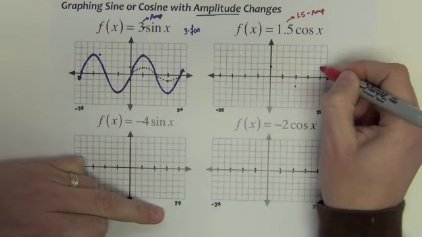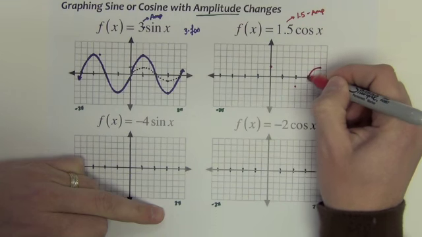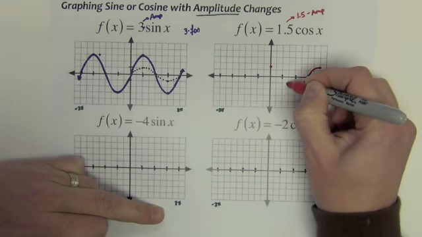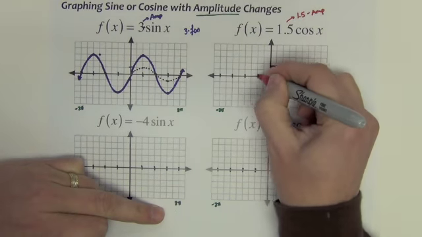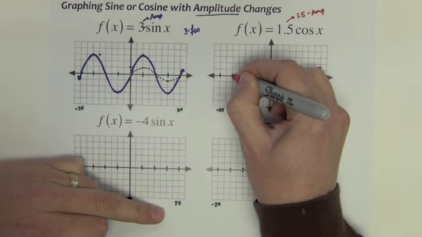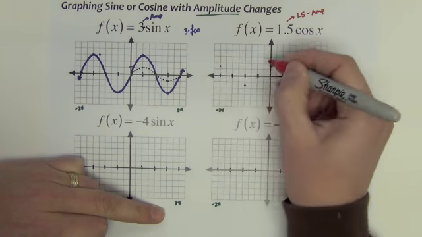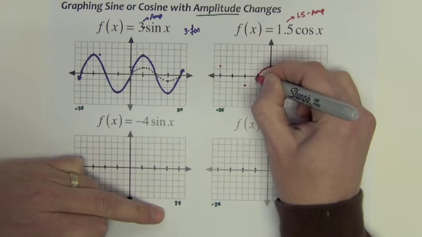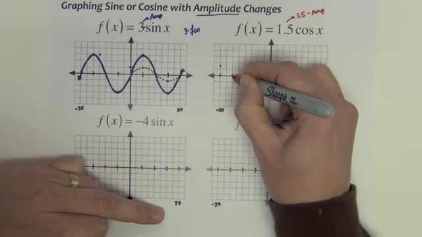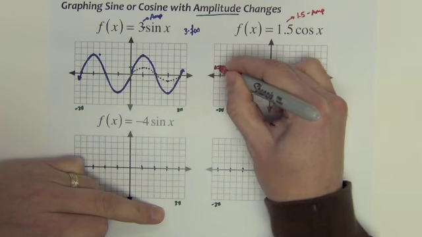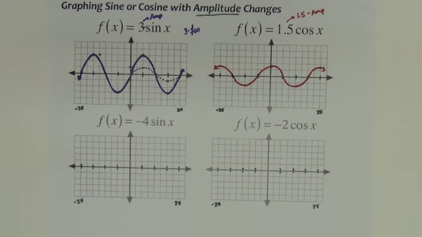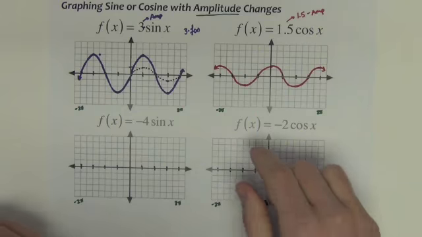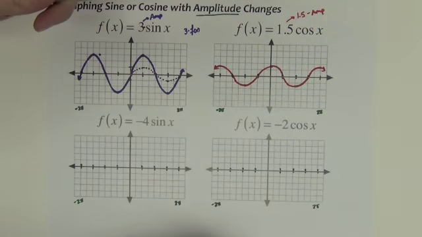It's going to kind of look like that. Continue this way, back to 0, down its amp, up to 0, up its amplitude. And there's our graph. Essentially the same graph we drew on the cosine graph before, except it's gone up and down 1.5 instead of 1 unit.